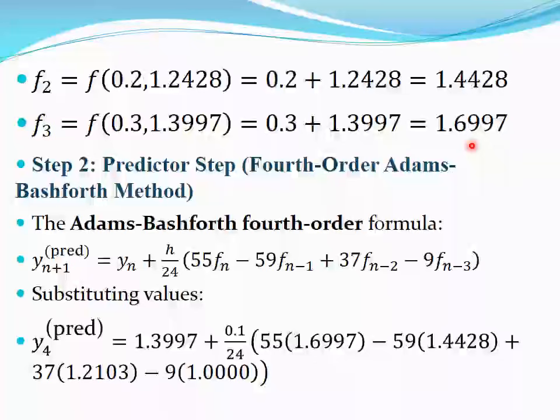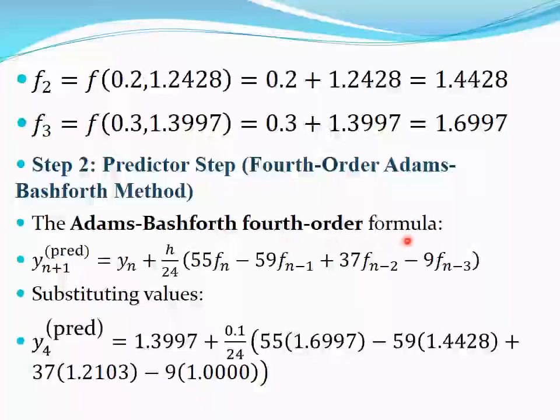Now substituting these values, we find the value of y4. The formula is given for y_{n+1}, so if we put n equal to 3, then we get y4. We put n equal to 3 in all the values.